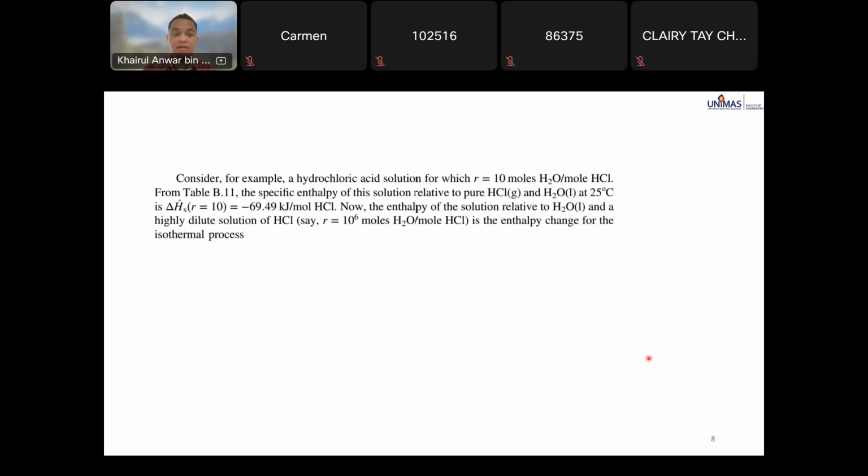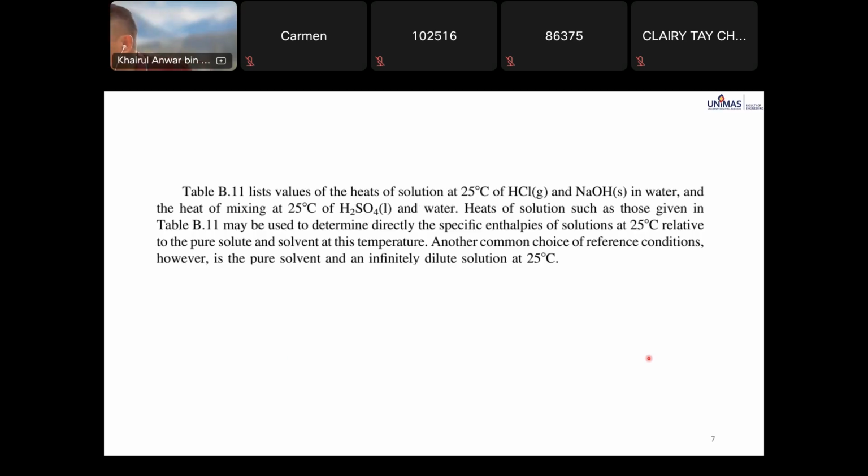Table B11 is limited to HCl, sodium hydroxide, NaOH, and sulfuric acid, H2SO4.